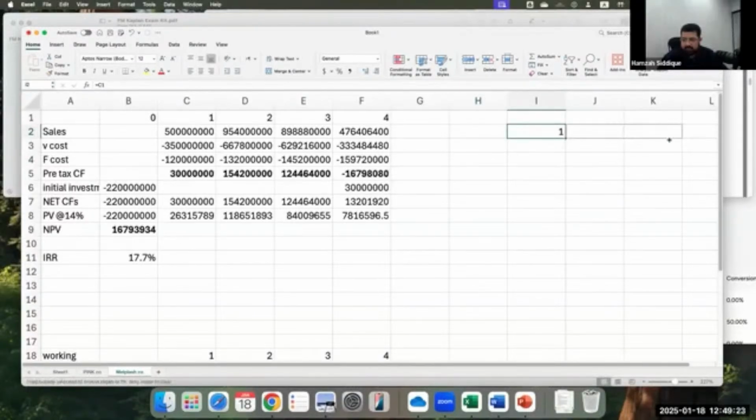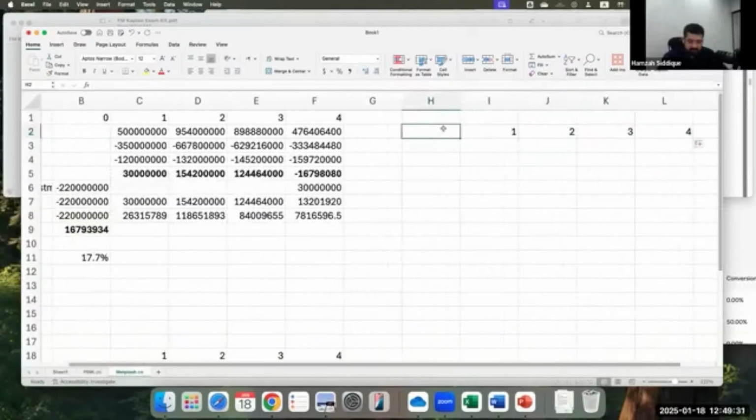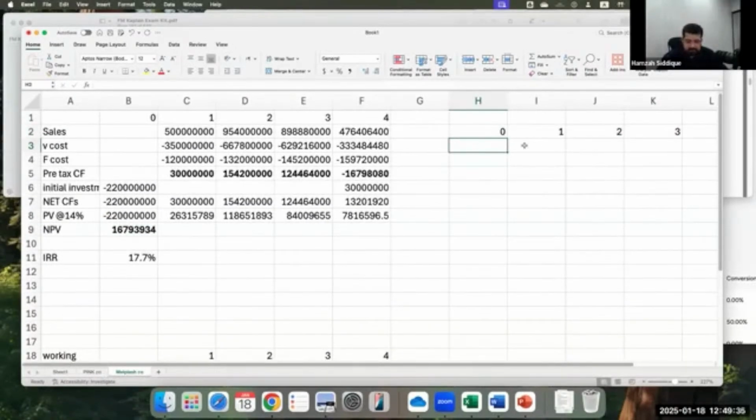Year zero as well. So net cash flows we will take to calculate payback. Net cash flows.